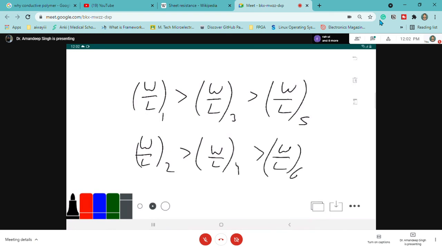This should be the scaling rule while you design the SRAM, so that your proper read and write operation will be performed. And the ratio that I have told you, and that is written before, is how it is going to scale. Clear?